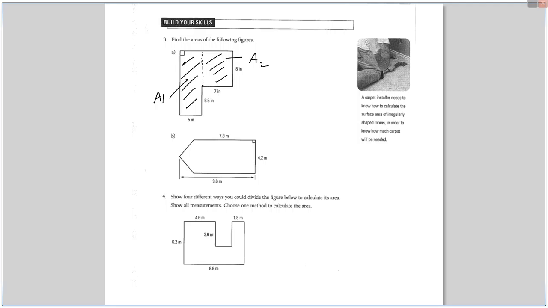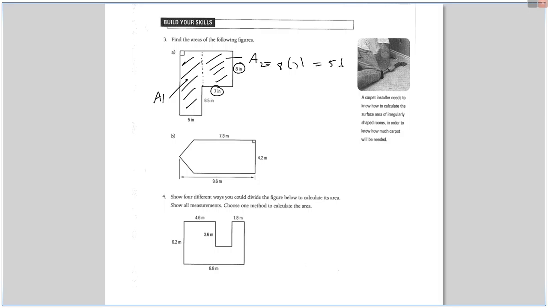So in order for us to do these questions, we're going to have to figure out some dimensions. Area 2 is actually quite nice because they give you both 8 and 7, length times width. So let's figure out area 2. Area 2 would be 8 times 7, giving us 56.